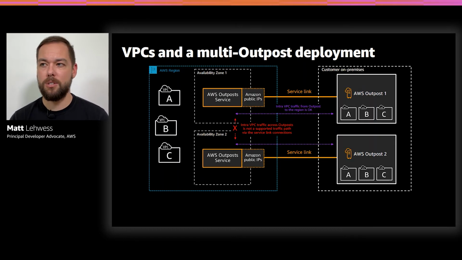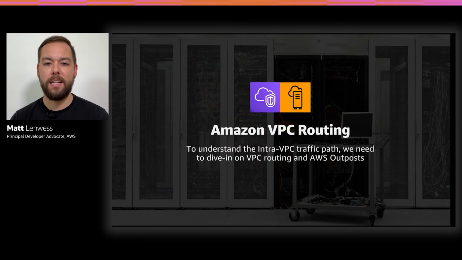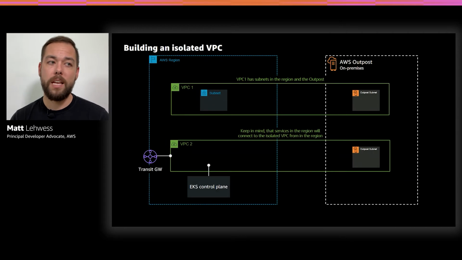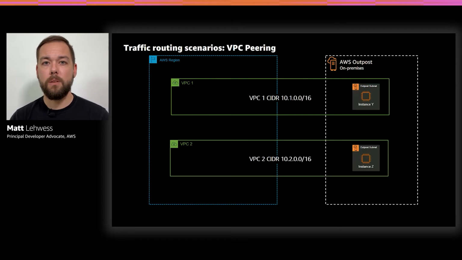That leads us into some VPC routing architectures here. When we talk about Outposts and VPCs, you can have an isolated VPC inside an Outpost. But do keep in mind that if you use EKS or Transit Gateway or other services, we're dropping connectivity to those services into your VPC in the region, so communication will go via that VPC. In this case, we might want to use VPC peering with one Outpost and multiple VPCs.